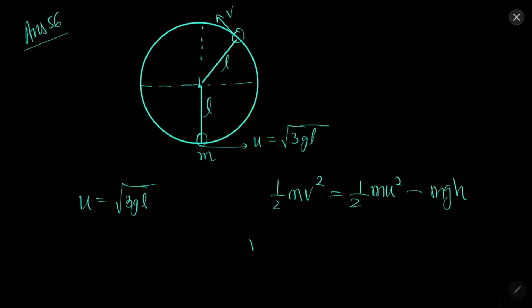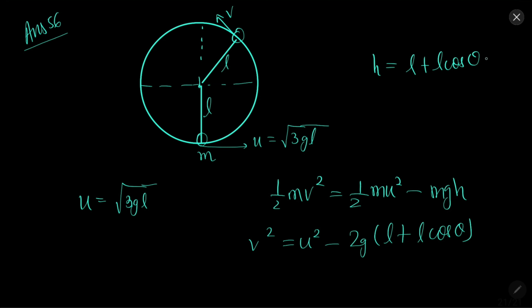So it will give us v square equal to u square minus 2gh. h is L plus L cos theta. So v square will be 3gL minus 2gL into 1 plus cos theta.